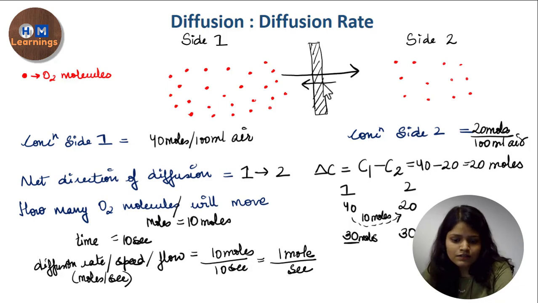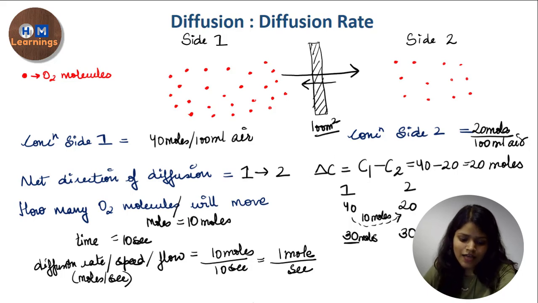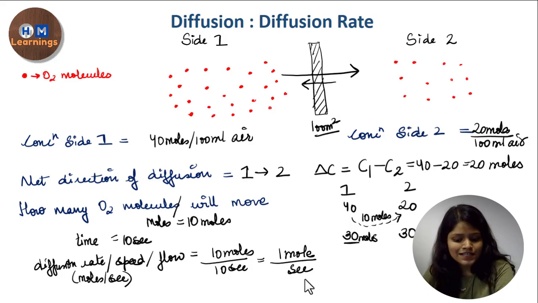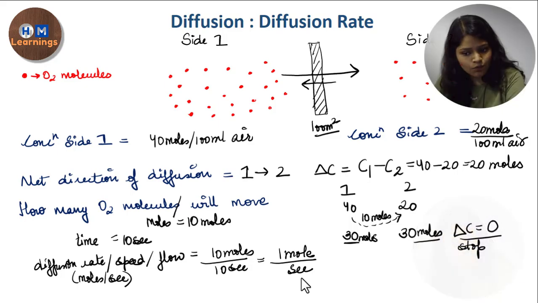Now suppose this barrier has an area of 100 meters square, across which the diffusion is happening. That means 1 mole per second is diffusing from side 1 to side 2 across a barrier of 100 meters square of area.